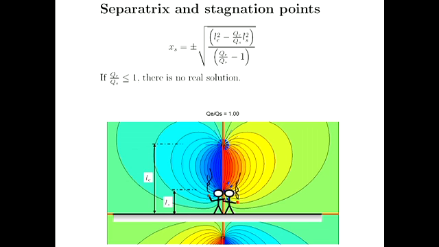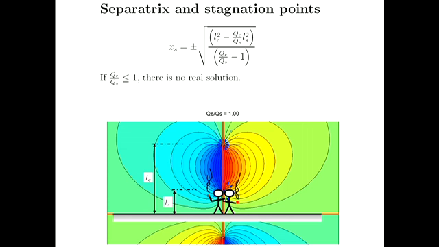And no real solutions in this case means that there's going to be no stagnation points in that flow other than the stagnation point that we've already found at x equals y equals 0, okay?